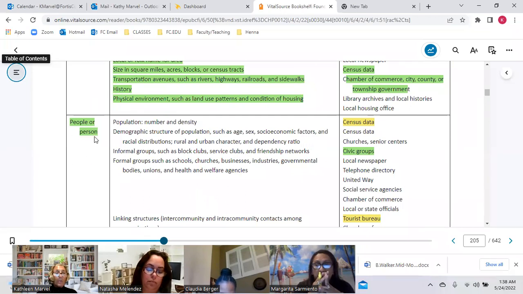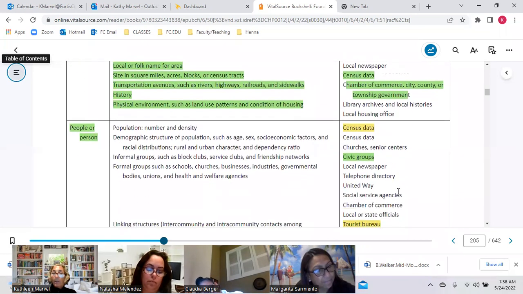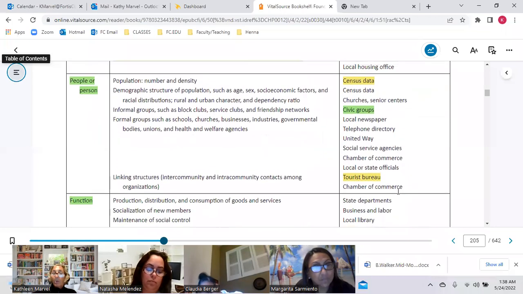How is the population made up? Are there book clubs, service clubs, friendship networks? We might get some of that information from churches, senior centers, civic groups, the newspaper, the tourist bureau, or the chamber of commerce.